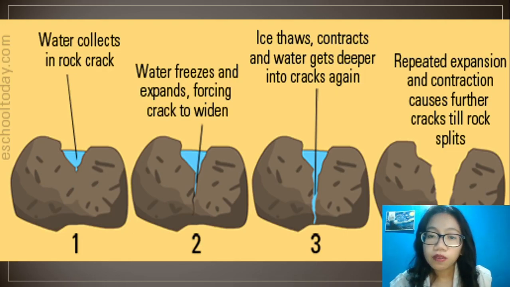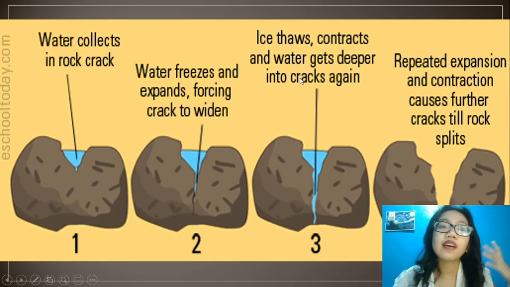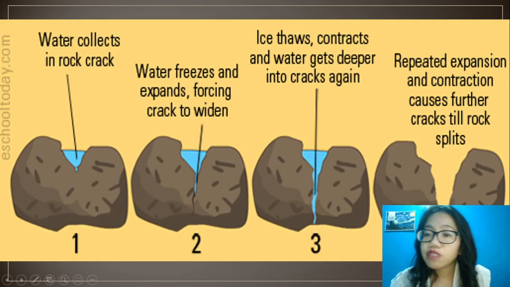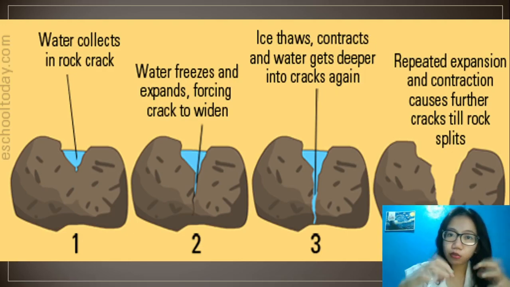Then it will thaw. The ice will melt eventually after winter, and then more water will get in due to the changes in season, and then it will be a repetitive cycle of water and ice continuously cracking the rock, and eventually, due to too much cracking, the rock itself will split.